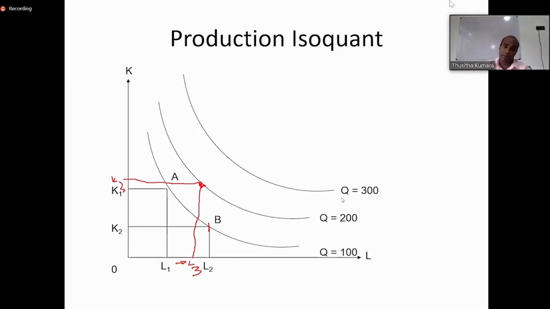Somehow you can get into a higher output level. If you want to get up to Q300, it is the same. But anyway, remember, whatever it is, a higher order isoquant will show us a higher output level. So Q300 is bigger than Q200, and Q200 is greater than Q100. So remember that one.